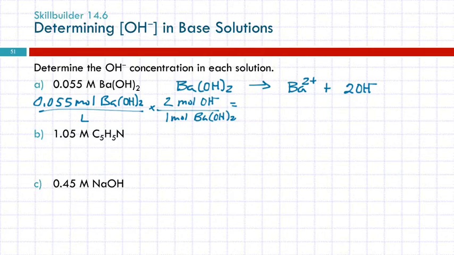I'm figuring if I can't talk and can't read, I probably can't do math in my head either, so I'm just going to use a calculator. 0.11 moles of hydroxide ion per liter. Or we'd say the hydroxide ion concentration equals 0.11 capital M. Okay?